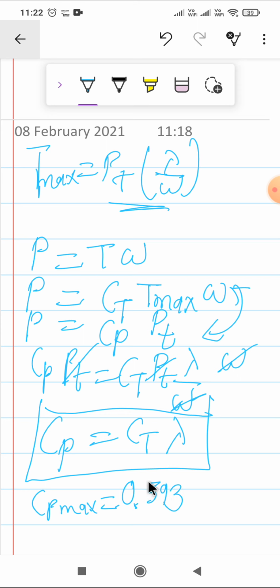So in the ideal case, Ct maximum will be 0.593 upon lambda. The tip speed ratio is chosen according to the application.